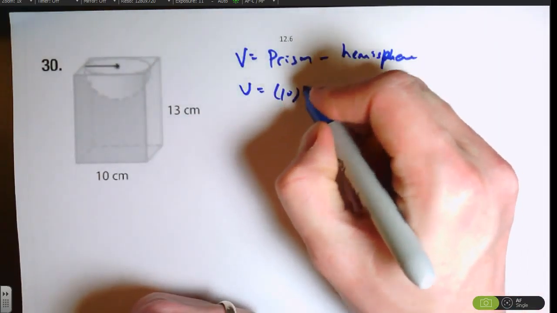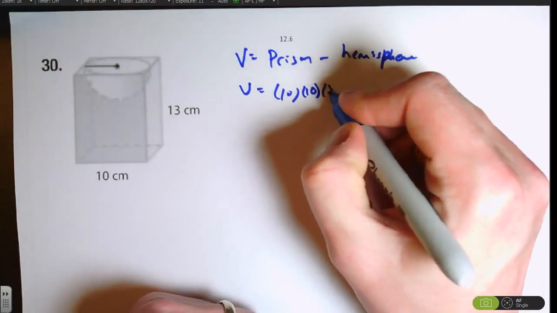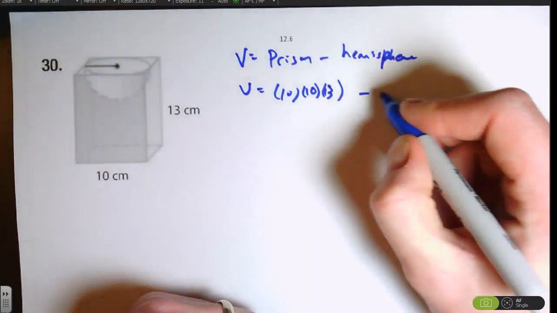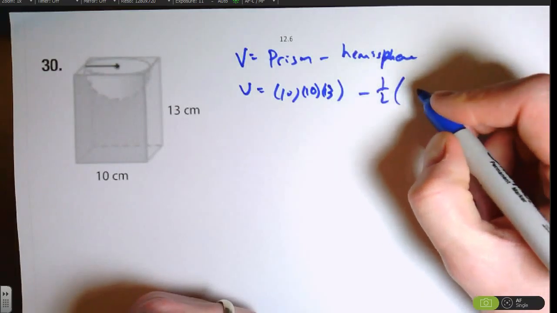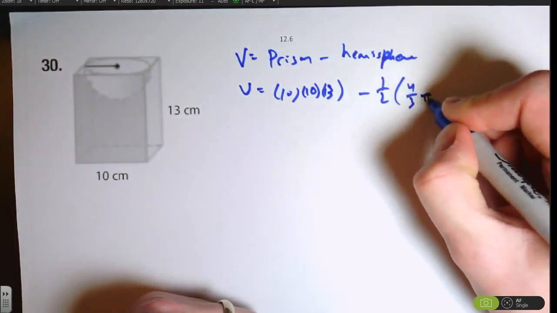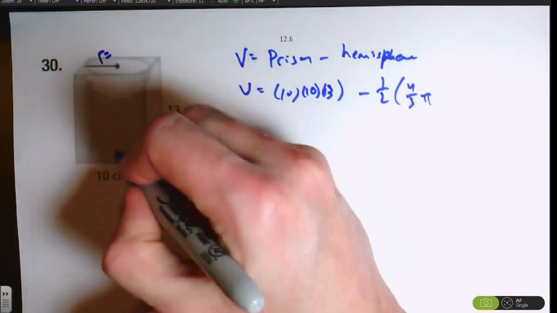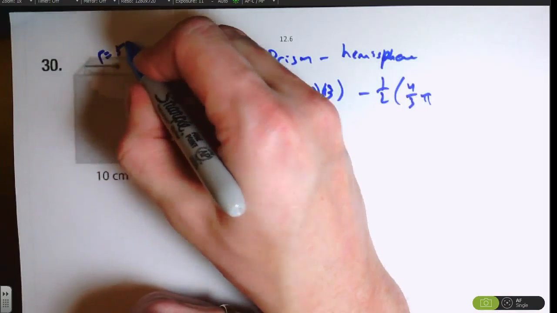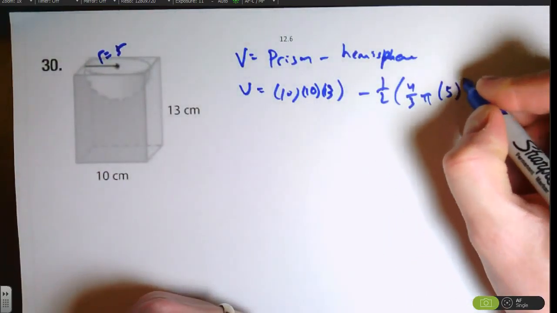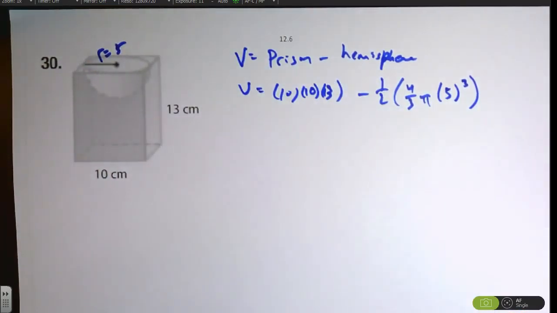So it's 10 by 10 by 13 minus 1/2 of 4/3 pi, but the radius, if this is 10, is 5 cubed. So that's pretty straightforward, I think, to see that you've got a big prism here and you're going to cut out a hemisphere. So it's 10 by 10 for the base, height is 13, and then 1/2 of 4/3 pi r cubed for the hemisphere.